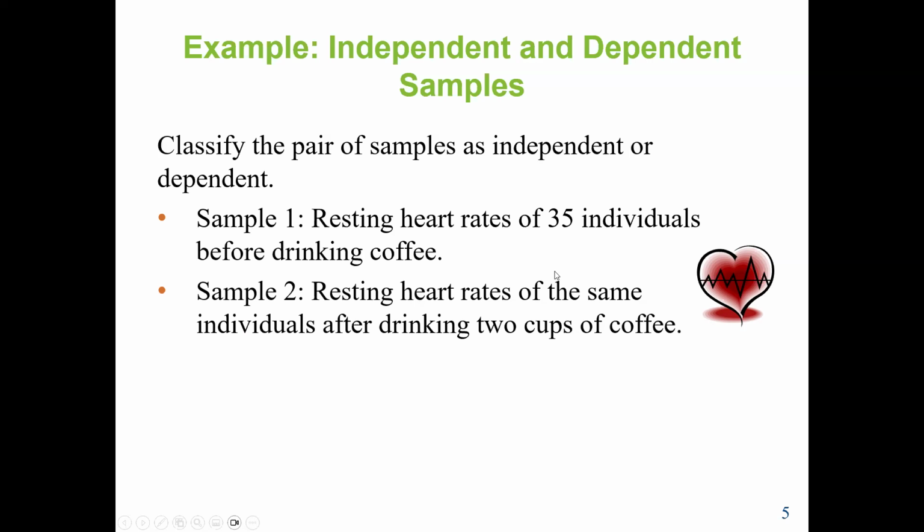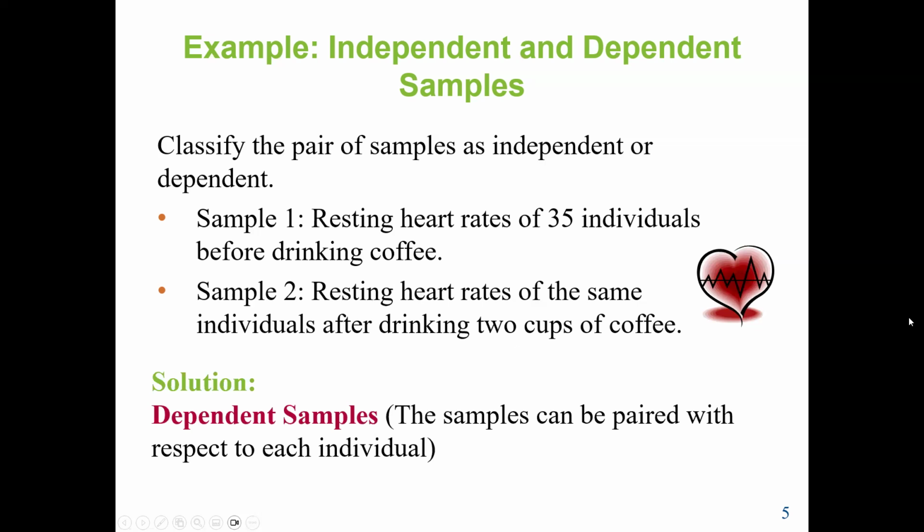So here the keyword is that they are the same individuals, and the size is the same. So this is a dependent sample. The samples can be paired with respect to each other.